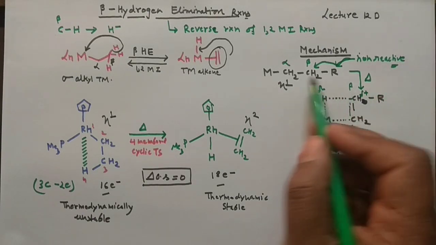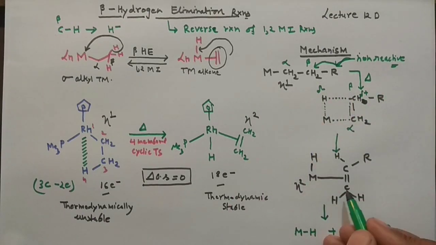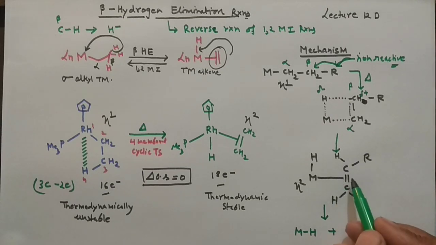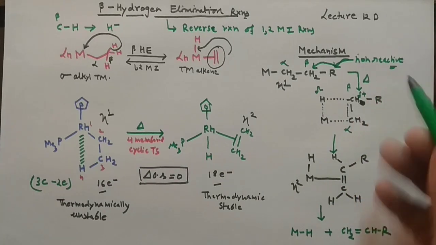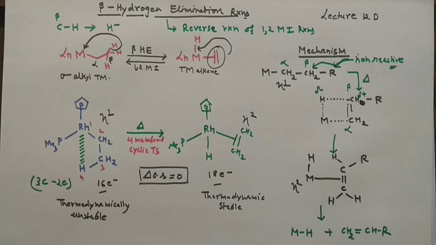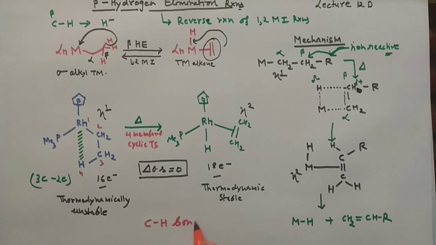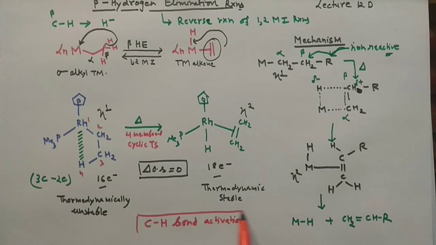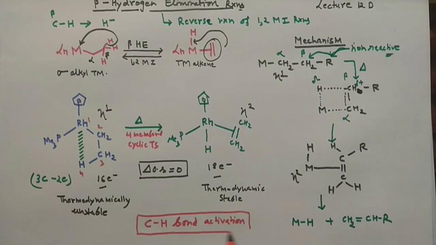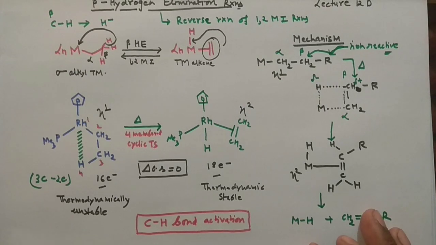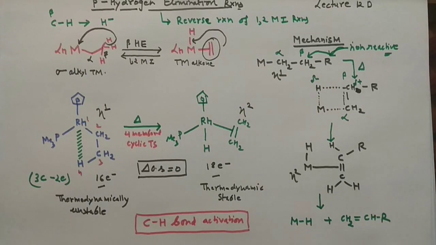So in this reaction we are converting the alkane into an alkene, and now this alkene would be somewhat more reactive than the alkane part. In that case, you can also see this reaction as the activation of the CH bond. Activation of the CH bond. So this is another very important aspect. You are converting a non-reactive species into a reactive species by this beta hydride elimination reaction.